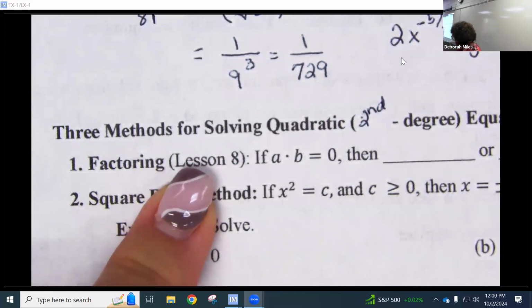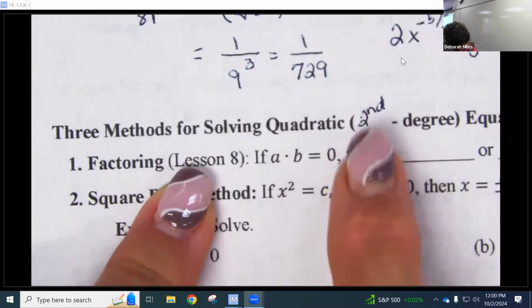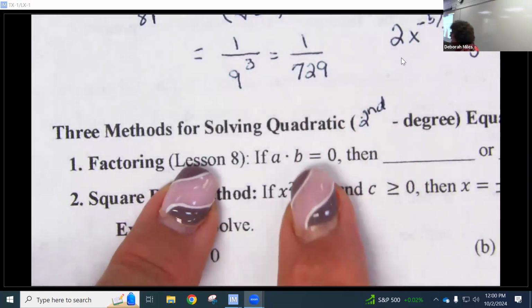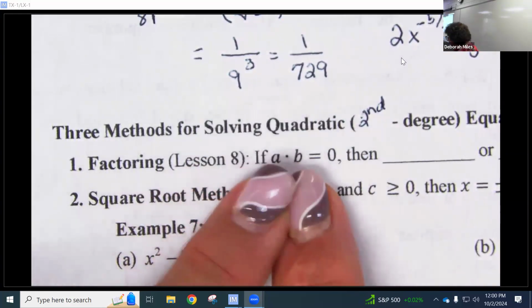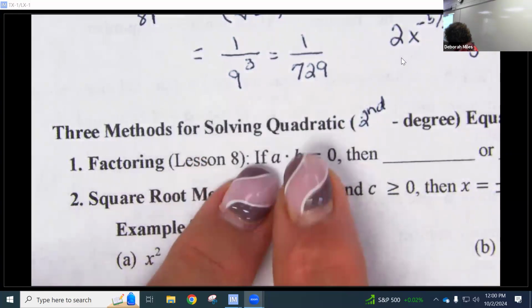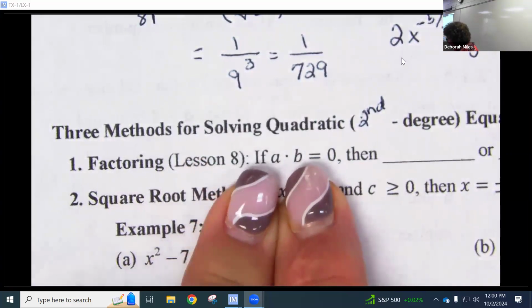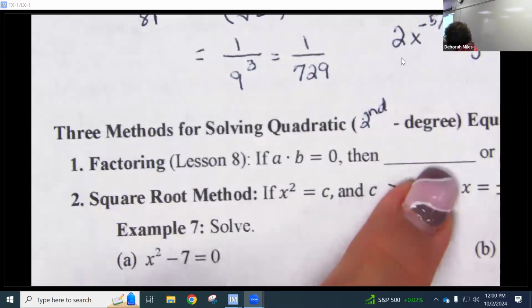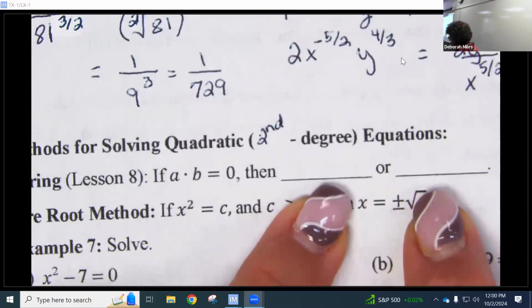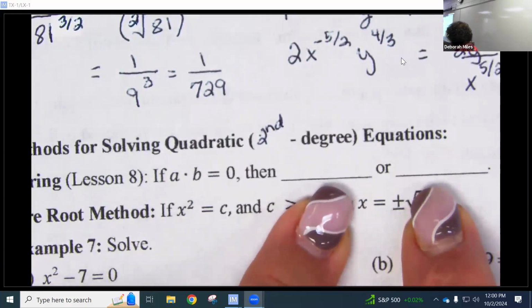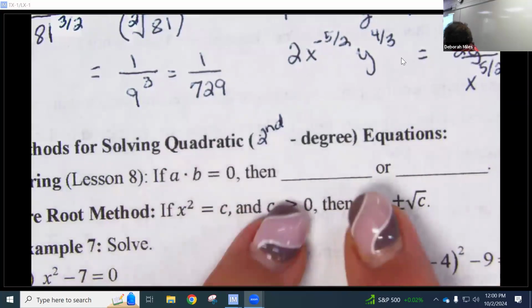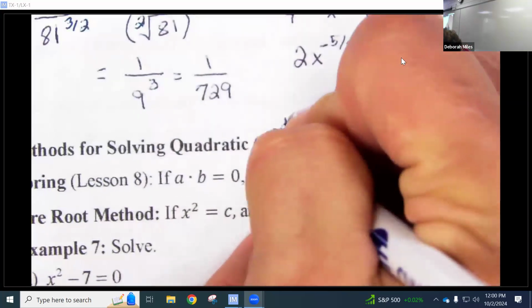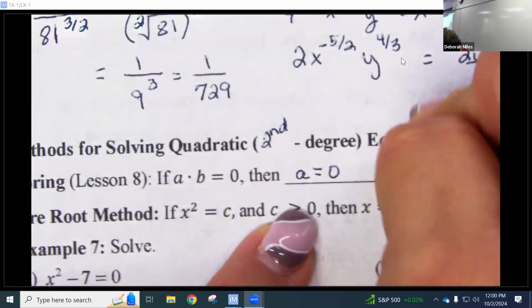If you have a quadratic equation, second degree equation, and you get it set equal to 0, then you can use the principle of zero products, which says if two things multiply together to give you 0, then what has to be true? If A times B is 0, then either A is 0 or B is 0.